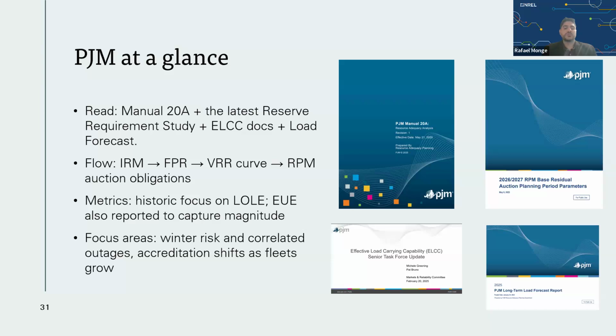What to watch now includes winter risks with correlated thermal outages, fuel deliverability during cold events, and changing accreditation as storage and renewables scale. The same review lens applies in other regions, even if the labels differ. And that's a very high-level overview of how to read an RA assessment.